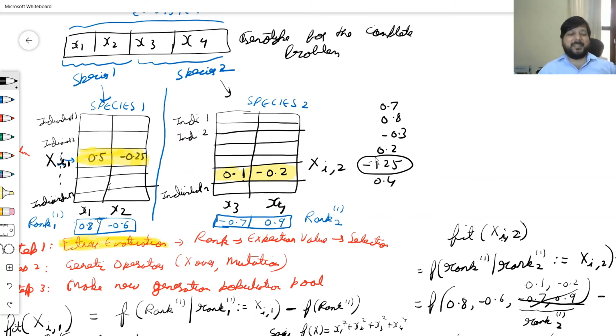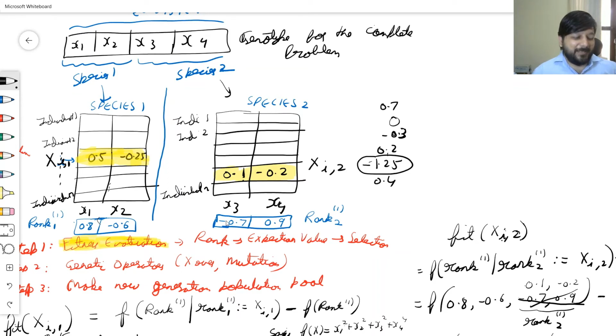So now what happens is that I've got a better representative. The old representative was, let us say, this one. And now I've got a better representative, somebody whose value is definitely better than the current representative.